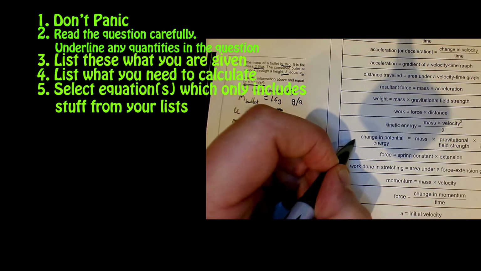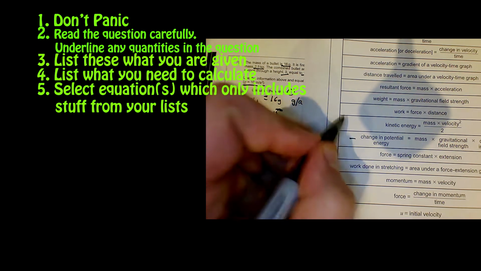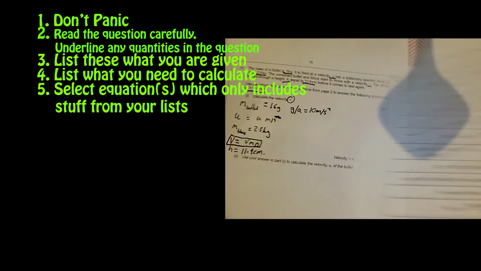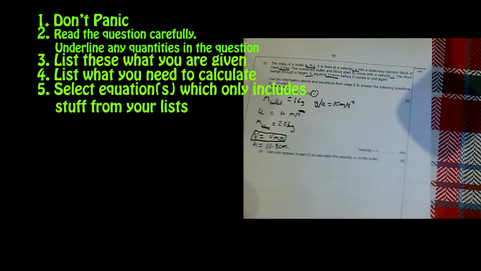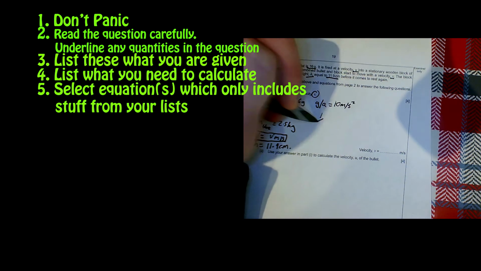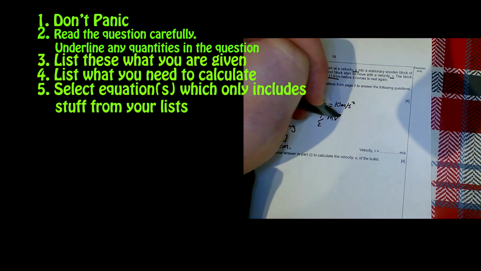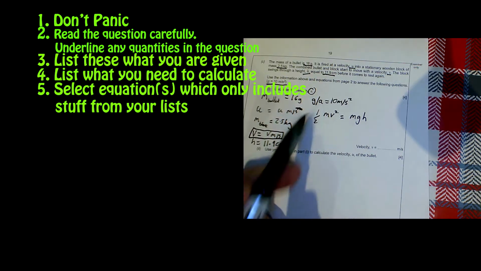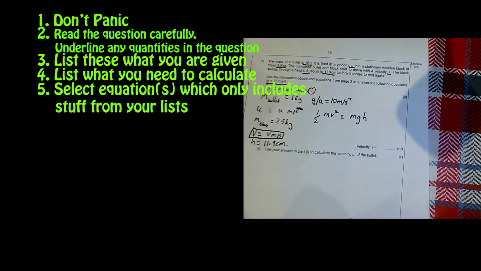I've got something going up, so I'm going to be converting kinetic energy into gravitational potential energy. So I'm going to select those two equations: a half m v squared and m g h. This is my kinetic energy and gravitational potential energy.